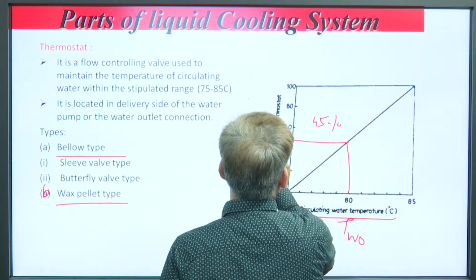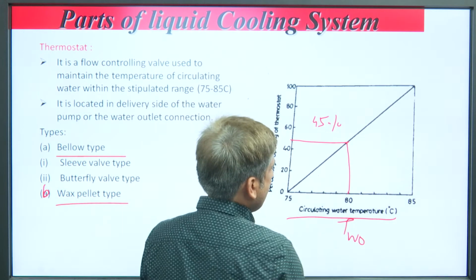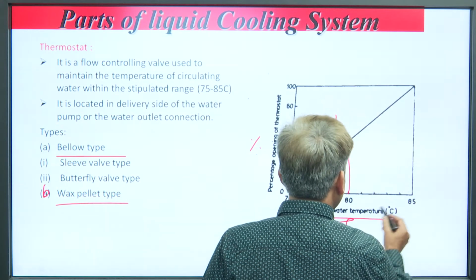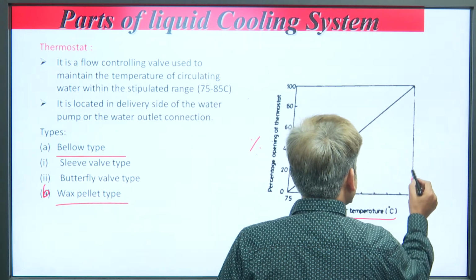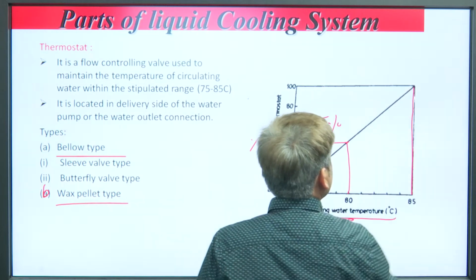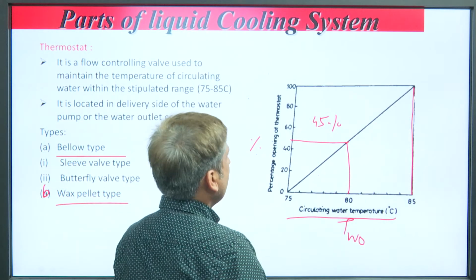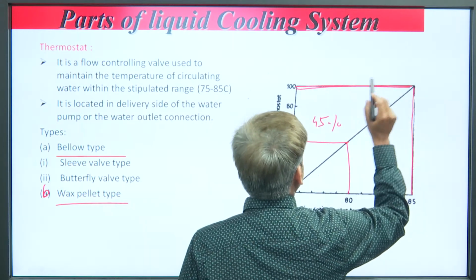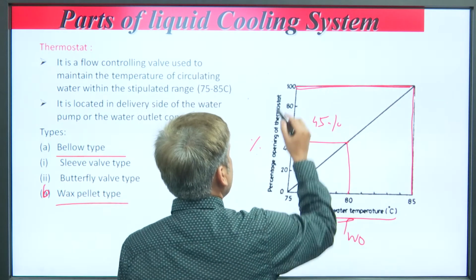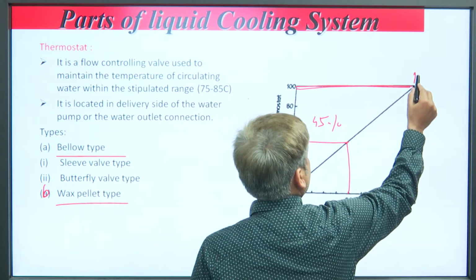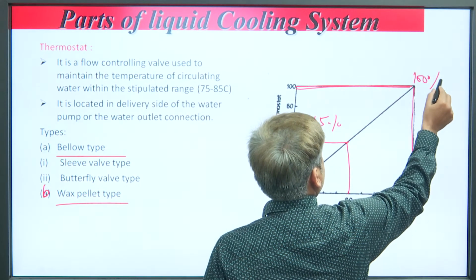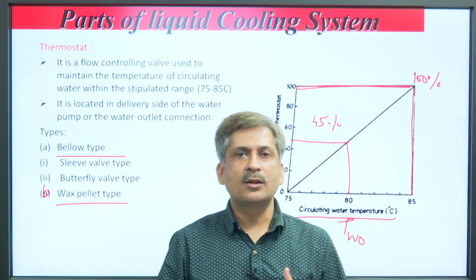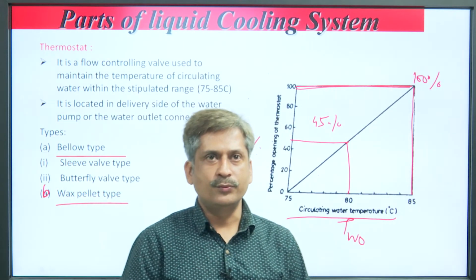If the circulating water temperature increases to 85 degrees Celsius, then suddenly, as this valve is thermostatically controlled, it opens 100%. At this temperature the valve will be open 100%, so suddenly the cooling rate will improve.